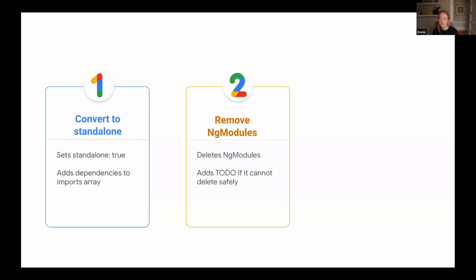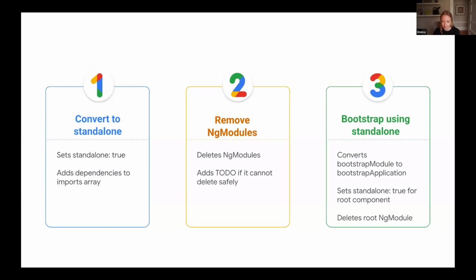So the migration considers modules safe to remove if it has no declarations, no providers, and no bootstrap components, and no class members. Otherwise it's not safe to automatically remove, then it will add a to-do to your code. And then finally, it bootstraps the standalone API.